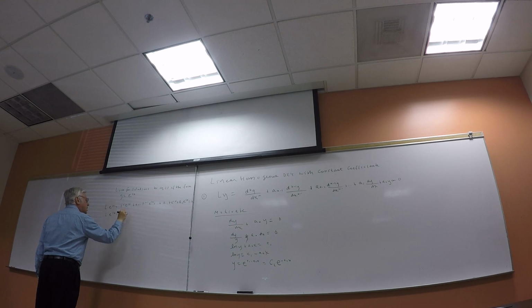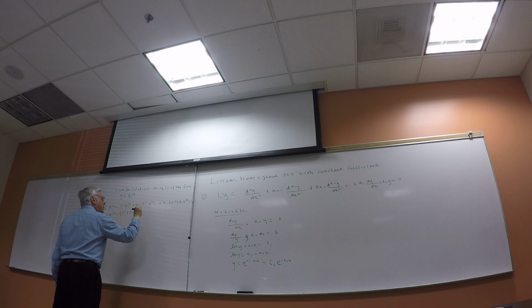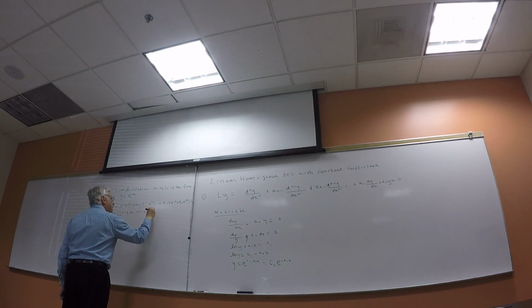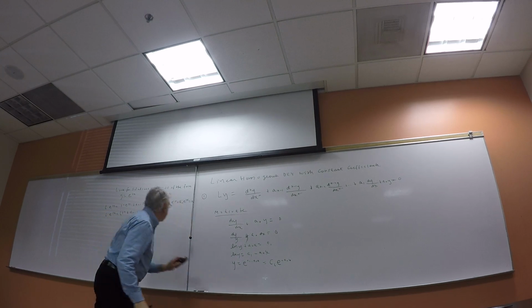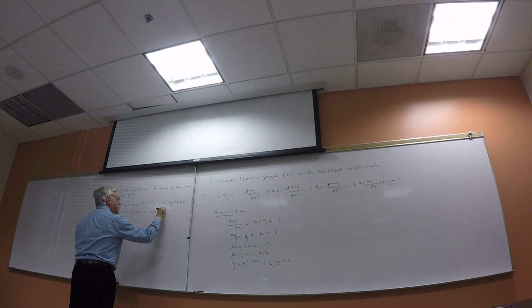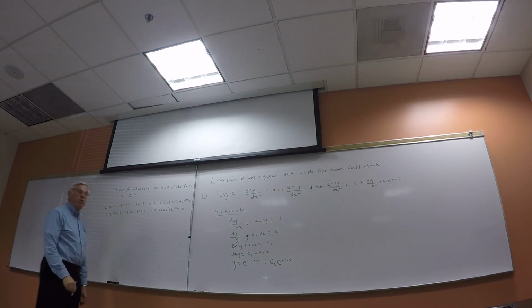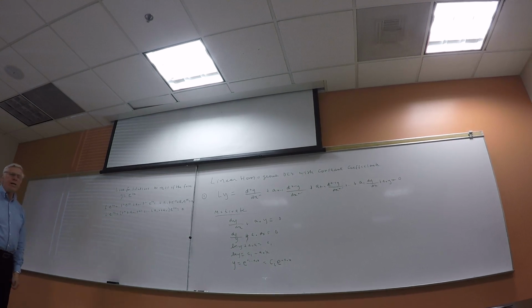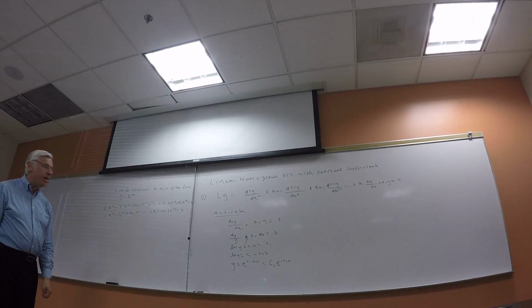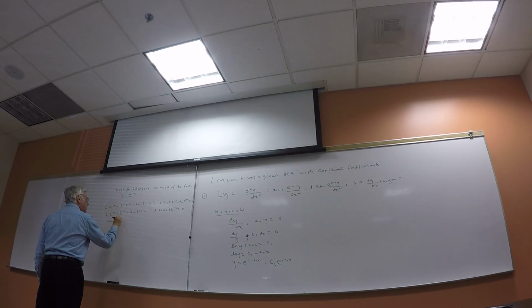What a polynomial looks like. r to the n plus a sub n minus 1, r to the n minus 1, plus a1r plus a0, right? e to the rx is equal to 0. Just factor out e to the rx. Now we know that e to the rx never goes to 0, right? So therefore, what does that imply? That implies that this polynomial has to be satisfied, or this polynomial equation rather.